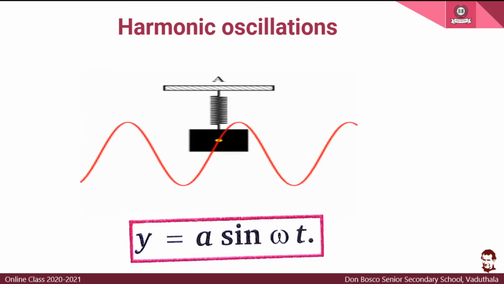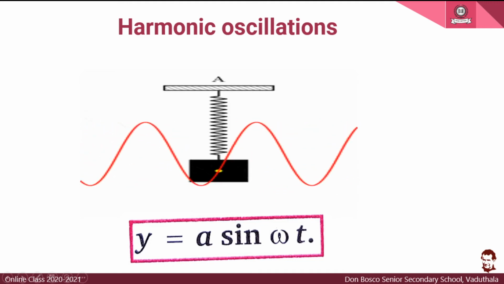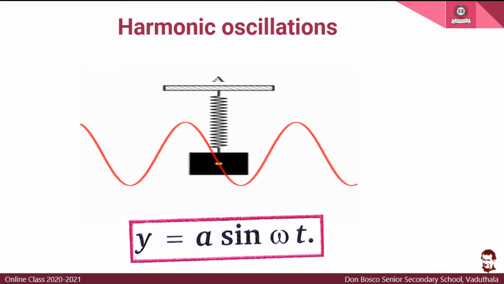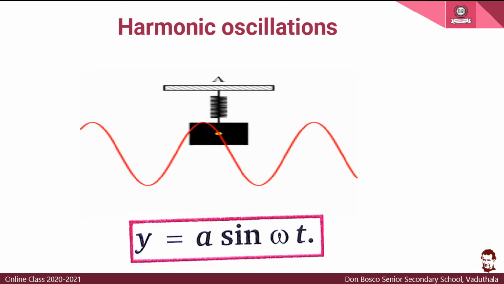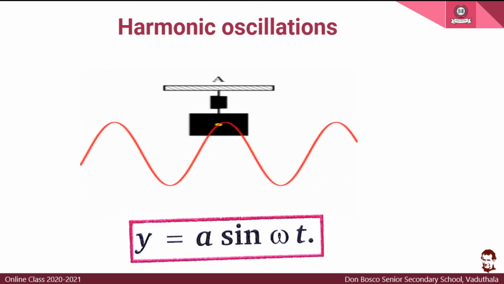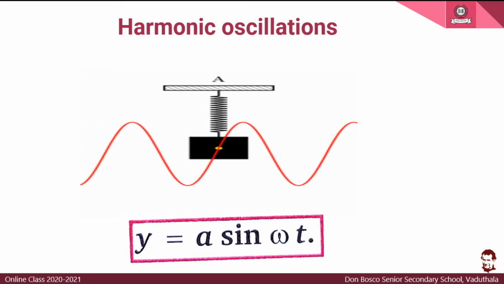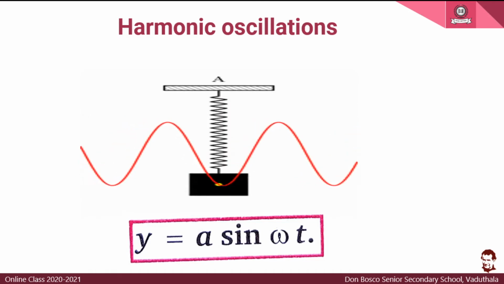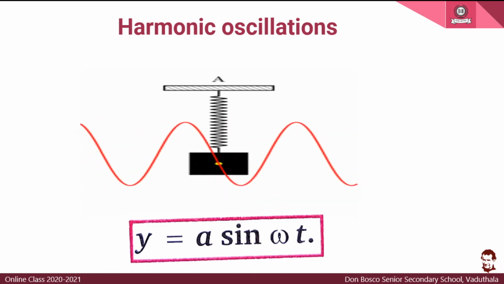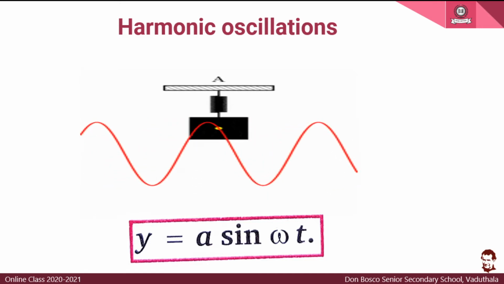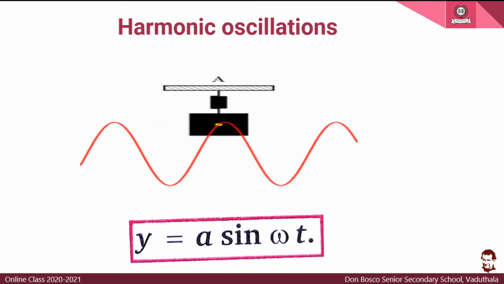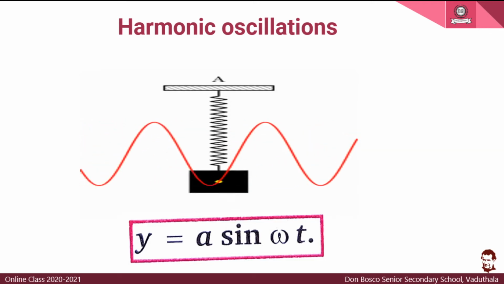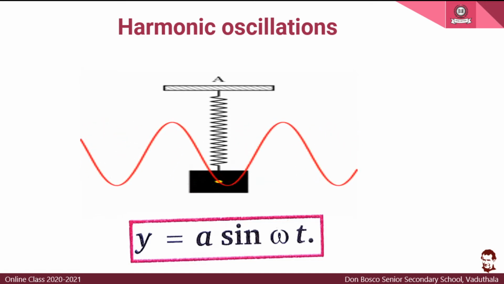That means oscillations themselves can be represented using certain trigonometric functions or harmonic functions. So, this oscillation can also be called harmonic oscillation: oscillations whose displacement can be represented using harmonic functions like sine function, cosine function, or sine and cosine together.